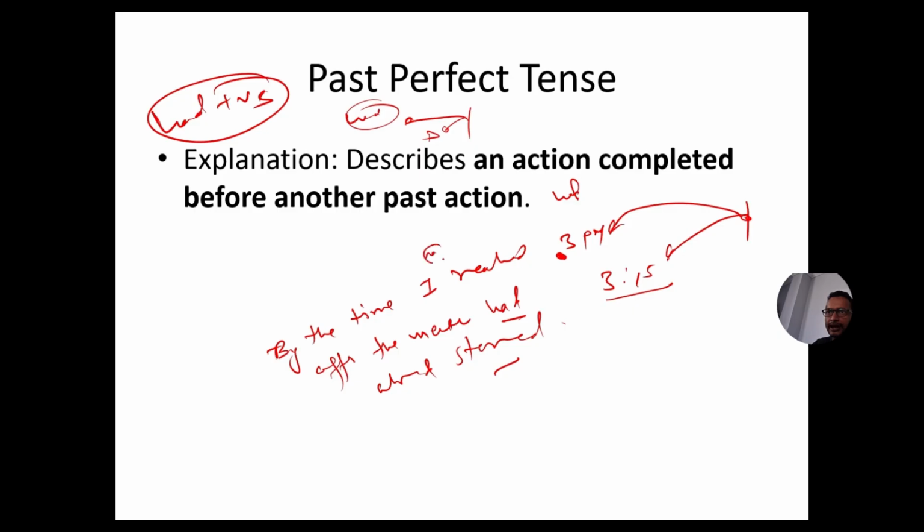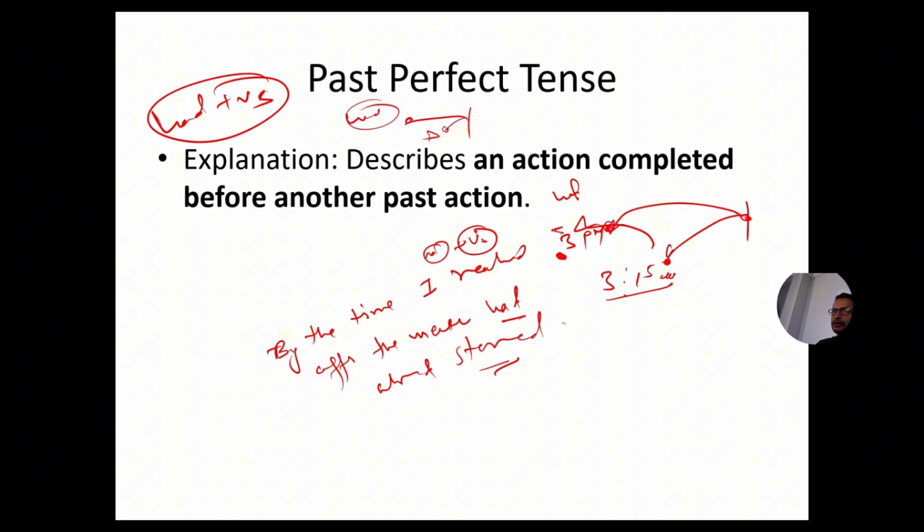Here you don't need had; you just use the simple past for reaching the office. The meeting had already started. The meeting happened first, at 3 p.m., and then you reached the office at 3:15 p.m. So you put had with the meeting started, and you don't put had with reaching the office. Out of two actions in the past, the one that happened first takes had; for the other action you use the normal past form. So that is the context, guys.